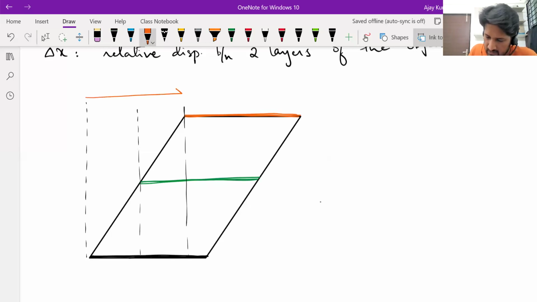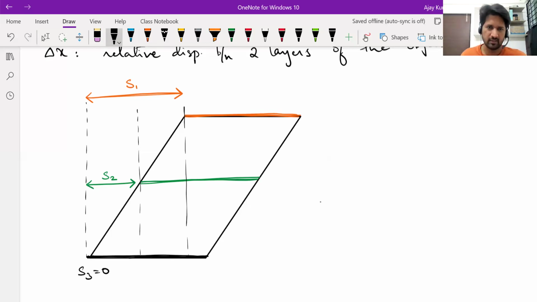This is the displacement of the orange layer. I'll call it S1. This is the absolute displacement, the actual displacement. This is the displacement of the green layer. I'll call it S2. And for the black one, it is 0. S3 is 0.